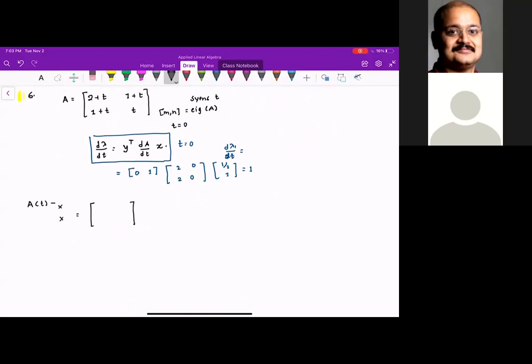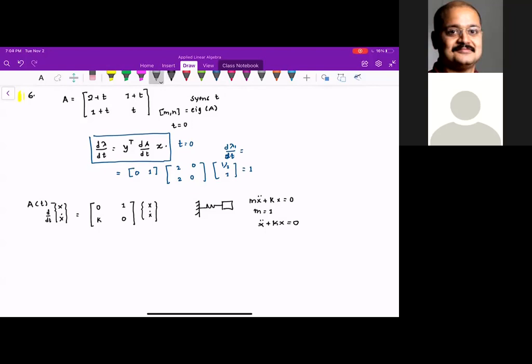You have x dot, the state variable, equals the matrix 0, 1, k, 0 times x. This matrix describes the time evolution of the differential equation m x double dot plus k x equals 0, where m equals 1. So x double dot plus k x equals 0.